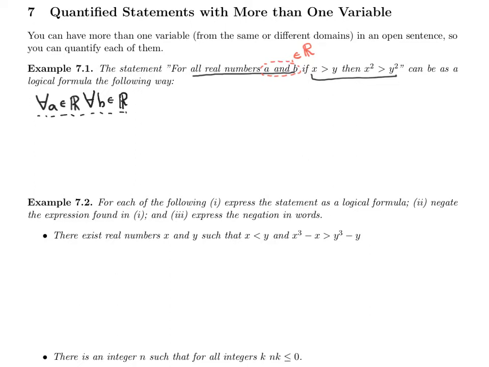It's universally quantified. And then we just write down our open sentence. So if x is greater than y, that implies that x squared is greater than y squared. And maybe I'll put a little comma here just to be really clear where the quantified bit ends and the open sentence begins.